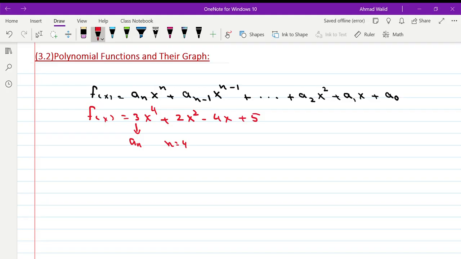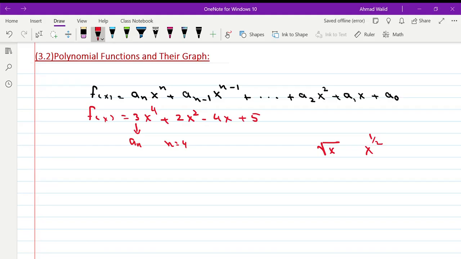Or, if I explain it in simpler language, any function where you don't see a variable under the radical, and the power of your variable is not a rational number, meaning a fraction, those types of functions, we call them polynomial functions.